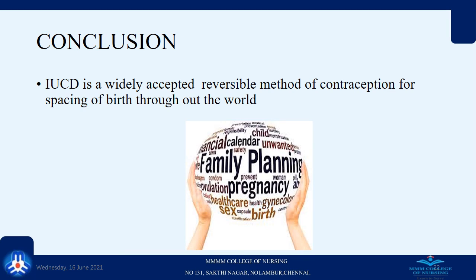So we have seen what an intrauterine device is. We have seen the mode of action, how they work. Then the types of intrauterine device available, and we have seen the advantages, disadvantages, complications, and side effects. So the intrauterine contraceptive device is a widely accepted reversible method of contraception for spacing of birth throughout the world.